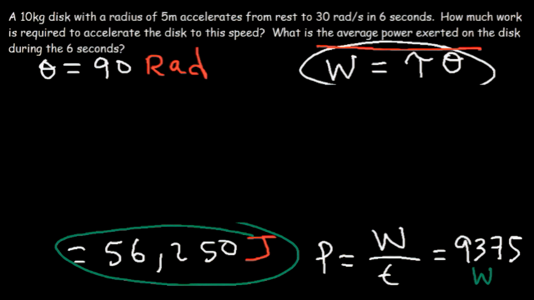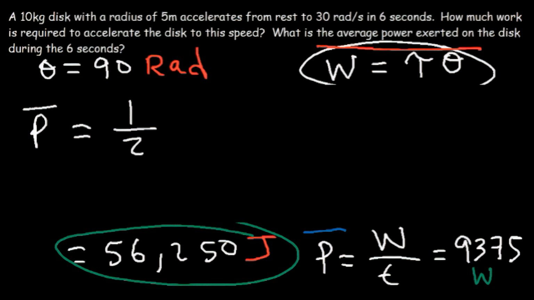Now it's important for you to understand that the power that we have here is the average power throughout the 6 seconds. It's not the instantaneous power at a given time instant, but it's the average power. So to calculate the average power, we know power is equal to torque times the angular speed.